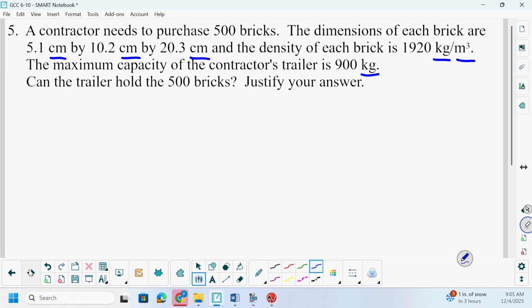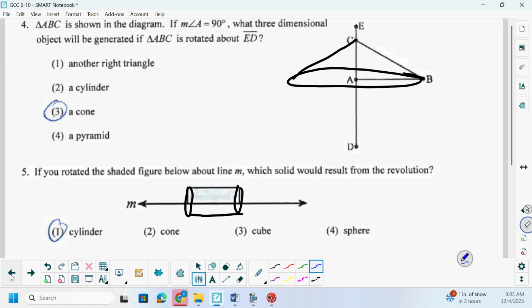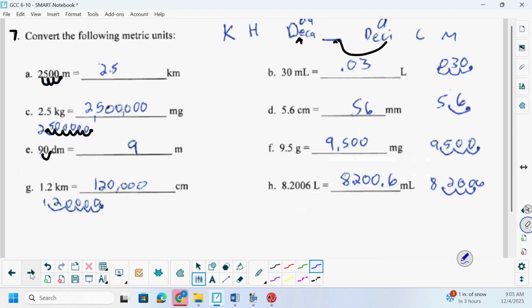Because meters cubed is the density, we need our bricks to be in terms of meters. So if we go back to our homework, if you are currently at centimeters and want to go to meters, we should be moving our decimal places 2 to the left.